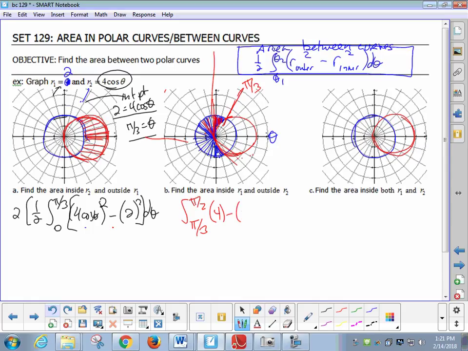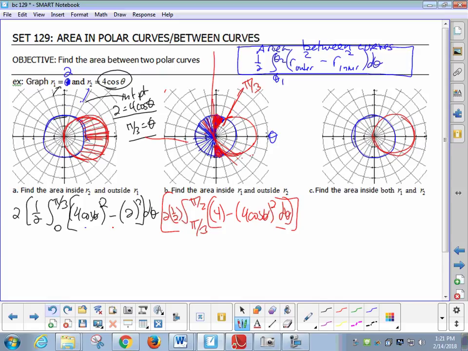We're 2. 16 cosine squared of theta, 2 plus, what's that? 4 cosine theta, my bad, sorry. I was thinking my next example. Squared d theta, that covers this little wedge, and if I double it, that covers this and that little wedge. Do you agree so far?